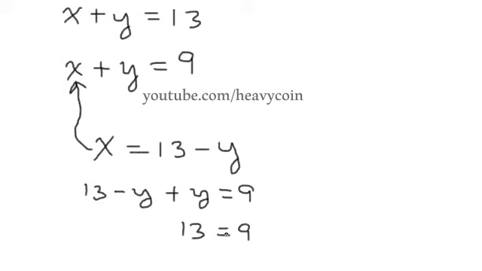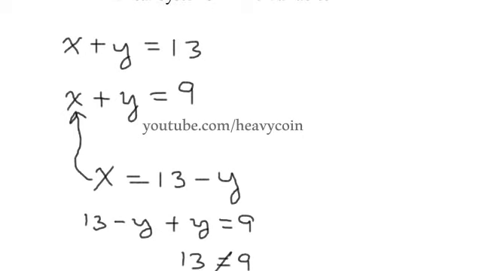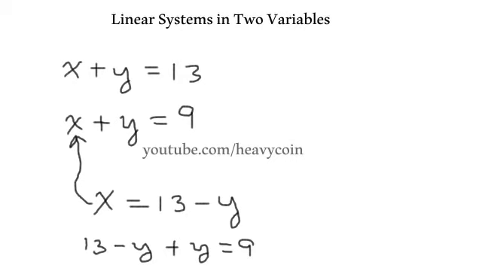That's not possible. So something fishy's going on here. We get 13 is not equal to 9, at least not in the number system we're working with here. Maybe in another number system you could get that to happen, but what's actually going on here? Let me just sketch out the graph here.